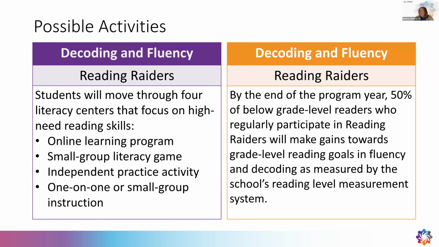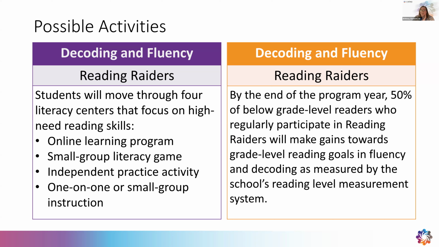So what does the goal then look like for this? By the end of the program year, 50% of below grade level readers who regularly participate in reading centers will make gains towards grade level reading goals in fluency and decoding as measured by the school's reading level measurement system.